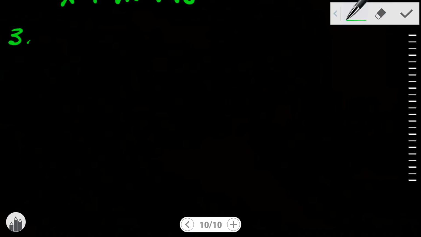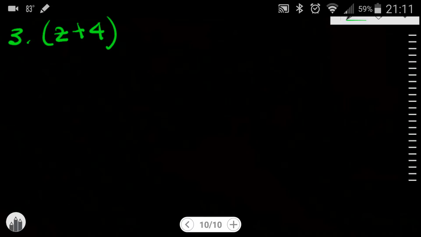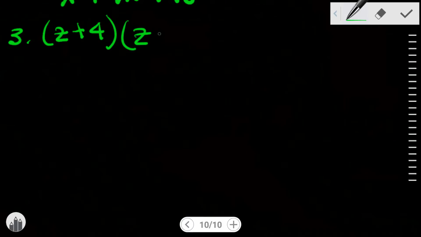All right, so the third one we got here is going to be the quantity of z plus 4 times the quantity of z minus 2. All right, so go ahead and do the FOIL method again. So z times z will get you z squared, and z times negative 2 will get you negative 2z.